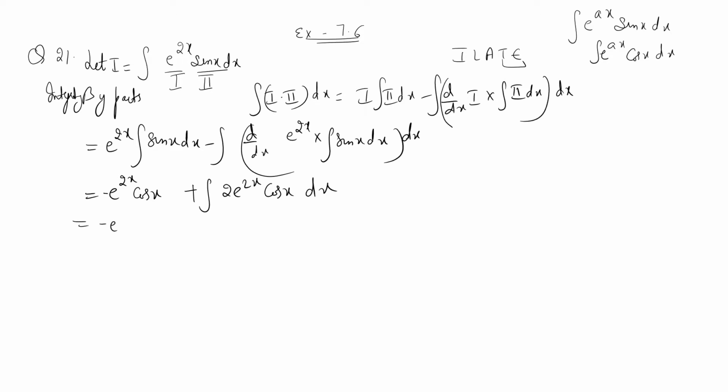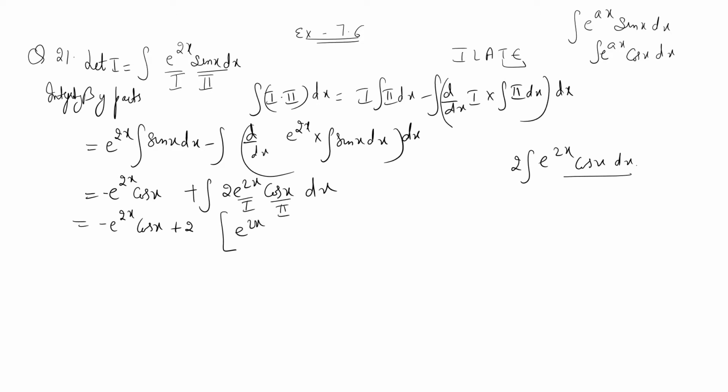Now one more time I can apply integration by parts to this, and I'll take 2 outside, like 2 outside e raised to power 2x cos x. So one more time integration by parts will be there, and 2 is taken outside, so just this is first, this is second.